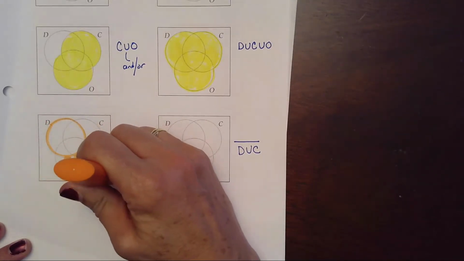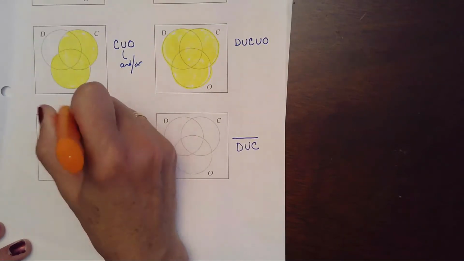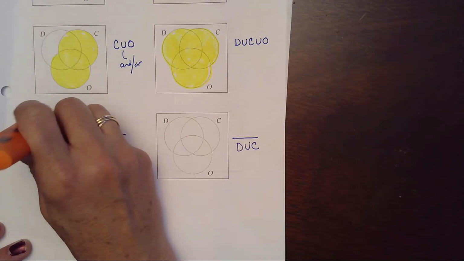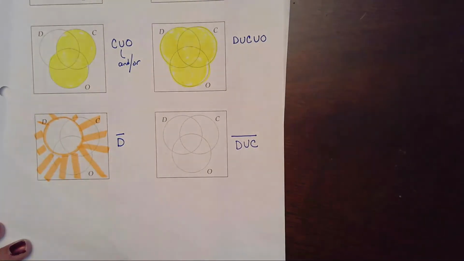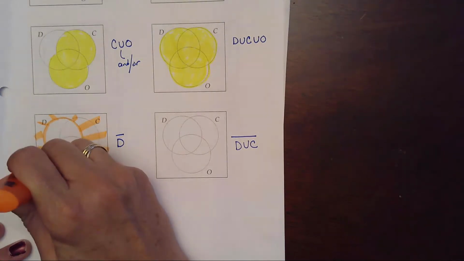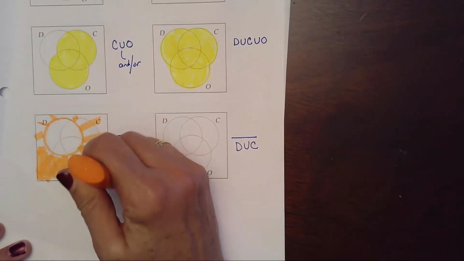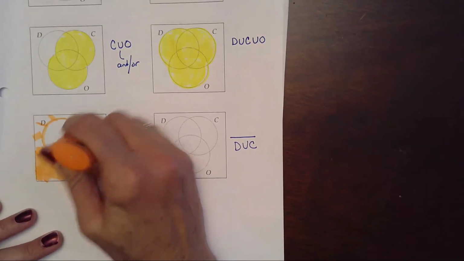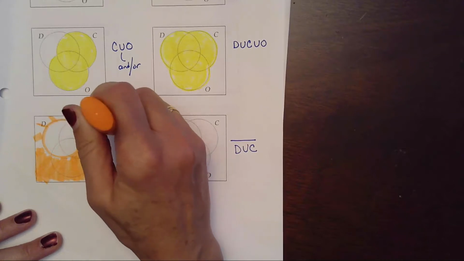And you go all the way to the ends of those boxes. I mean, you could shade the whole thing in. I'm just going to kind of sunray it, if you will. I think that gives you enough of an idea, right? If you wanted to shade it in, you have the whole thing. This is what D bar would look like. It's everything except for D.